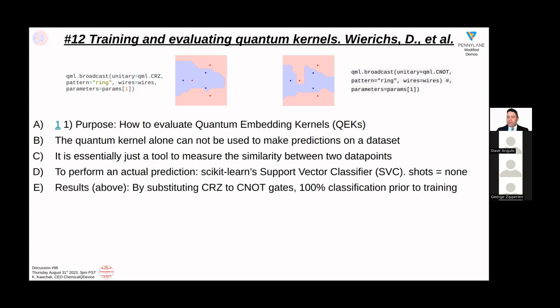You'll see they try to get functionality with scikit-learn in a fair number of these models. It's a broadcast function, which can slow things down if you're not careful, and it's just one of those options you have to change, such as using a CNOT instead of CRZs.